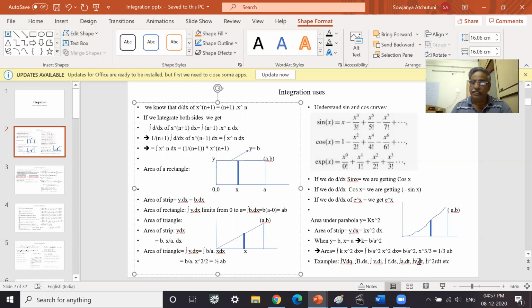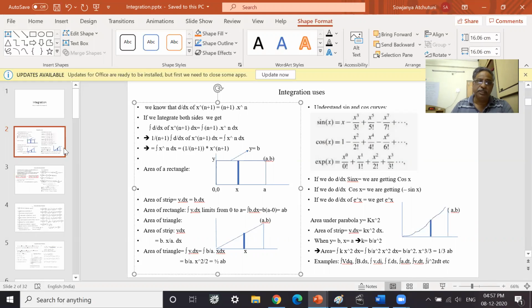Integral v dt is the displacement. Integral I square r dt is the energy consumed, heat energy. Like that, many places we use integration. So we have to be familiar with how to do integration, so that physics and other subjects are made easy and we can understand them better.